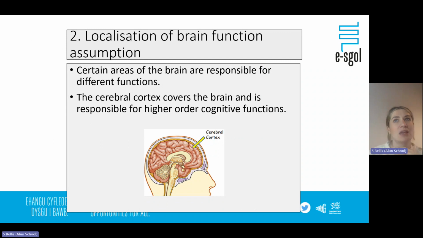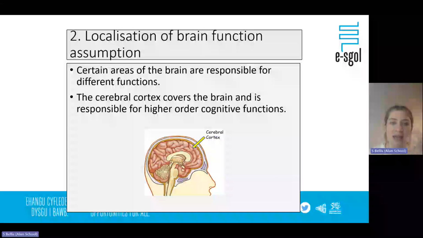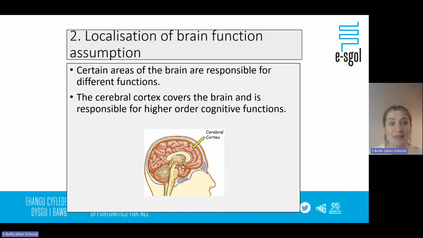They didn't have the machinery to look so closely into somebody's brain, so it was really difficult to understand the brain. And it wasn't until something bad had to happen for them to realise, hang on a minute, maybe different parts of the brain have different functions. And that is essentially what localization of brain function means.